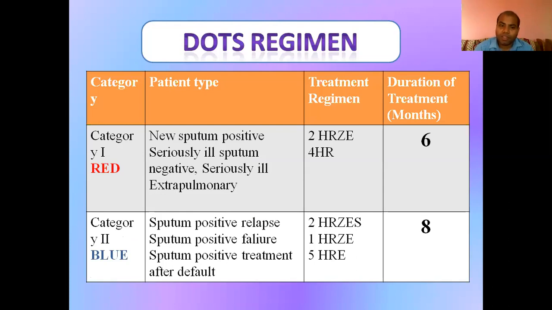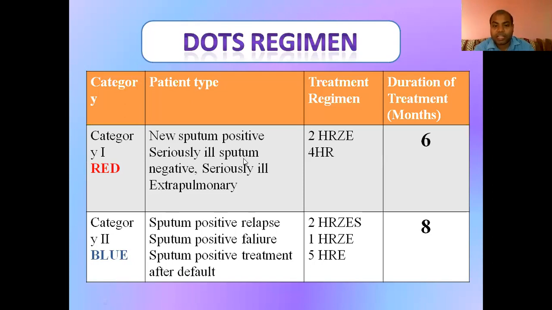For the patient type, if the sputum is positive for the first time, that is positive for Mycobacterium tuberculosis bacteria, then the treatment will be 2HRZE. The 2 stands for months, that is 2HRZE means 2 months of. H stands for isoniazid, R rifampicin, Z pyrazinamide, and E ethambutol.